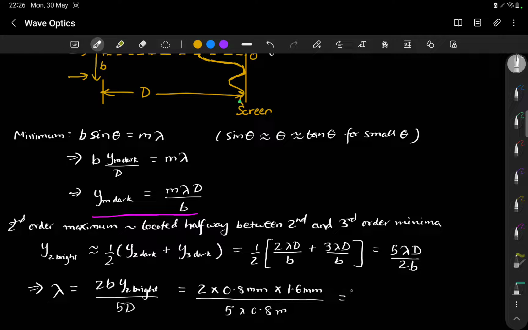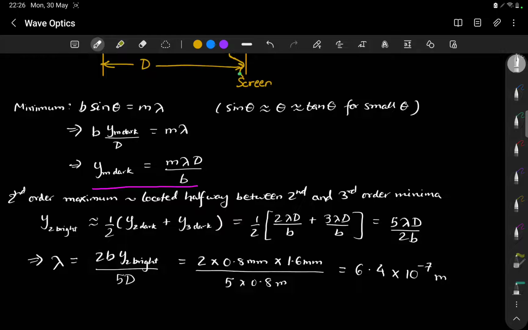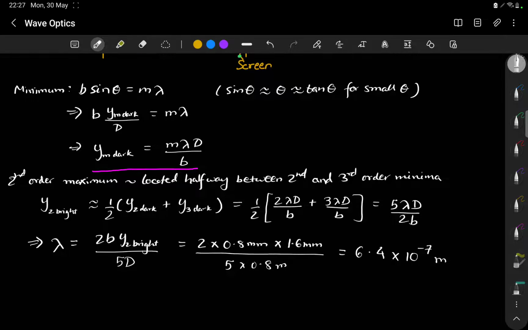So this comes out to be, plugging these values in the calculator, our wavelength is 640 nanometers.